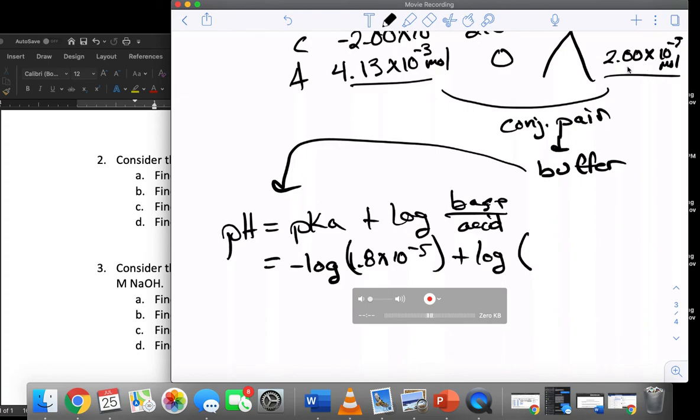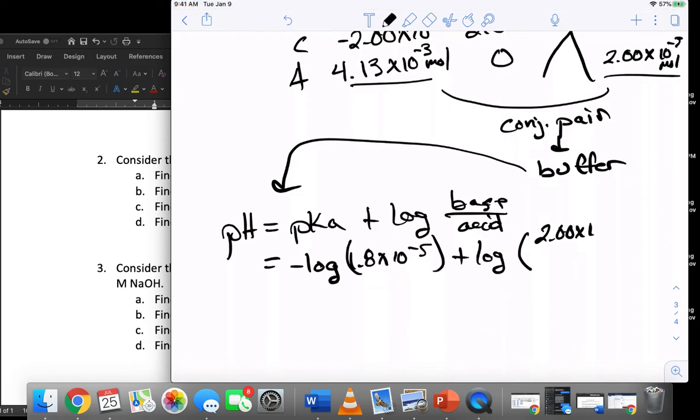So 2.00 times 10 to the minus 3 over 4.13 times 10 to the minus 3 for my moles. And now I can calculate what that pH is going to come out to. And I get a final pH here of about 4.43.